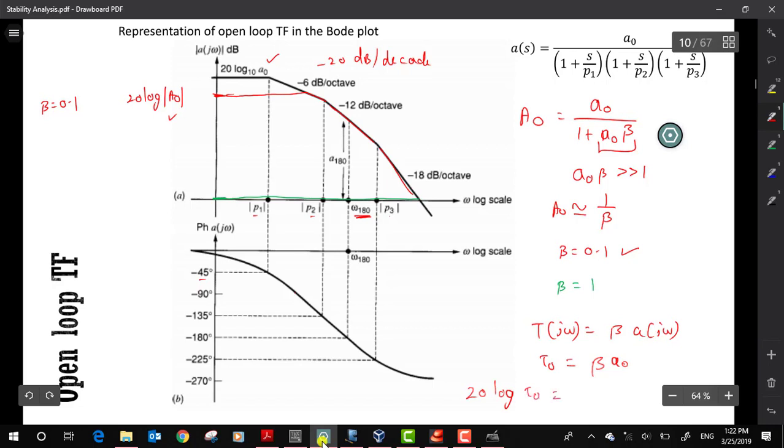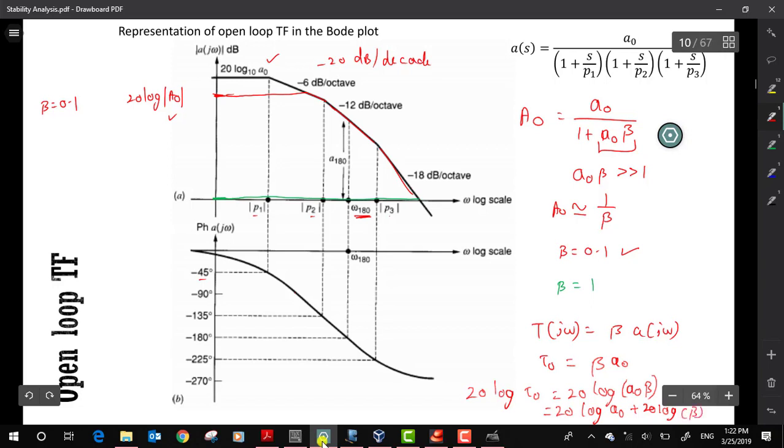So I do the same on the right hand side: 20 log of A naught times beta. Now how will I plot this on the magnitude plot? Let me redefine this quantity. Because I have a logarithm, any product term can be written as a summation. So I can write it as 20 log of A naught plus 20 log of beta.